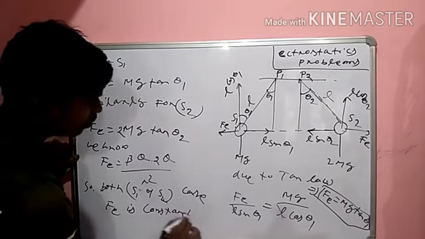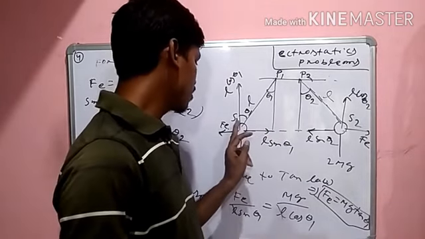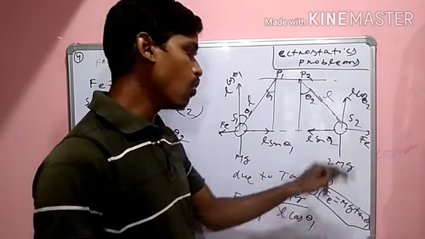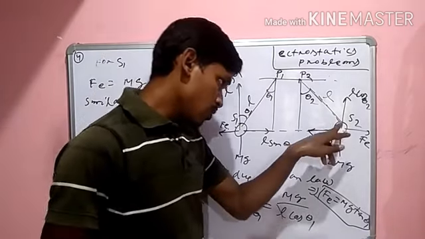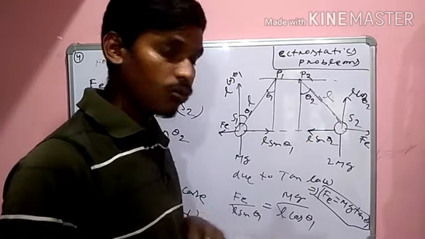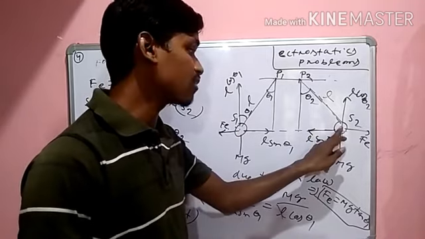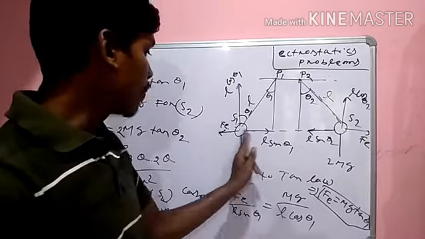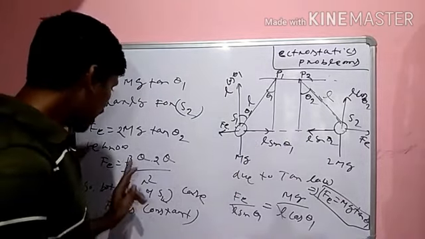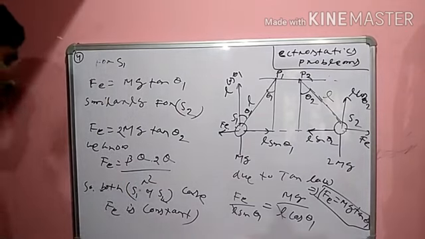We have already known the force acting on this S1 sphere due to S2 sphere is equal to the force acting on S2 sphere due to S1 sphere. Yes or no? So the force acting on S1 due to S2 is equal to the force acting on S2 due to S1, beta q 2q by r square. Yes or no? So in both S1 and S2 cases F is constant.